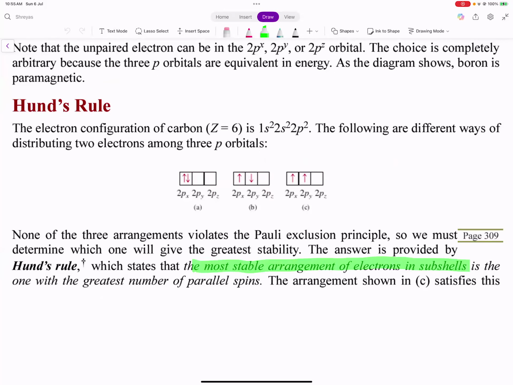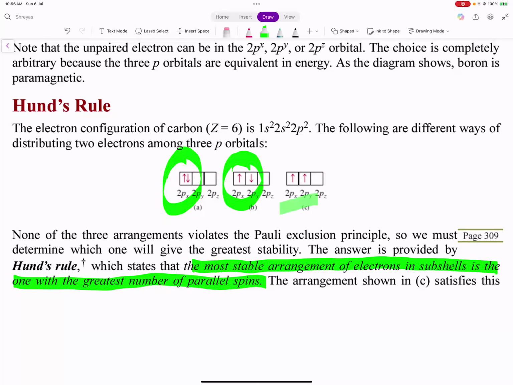Here we can see that one is parallel, one is anti-parallel. Same here. So we'll go here. Both are parallel in the last one, right?